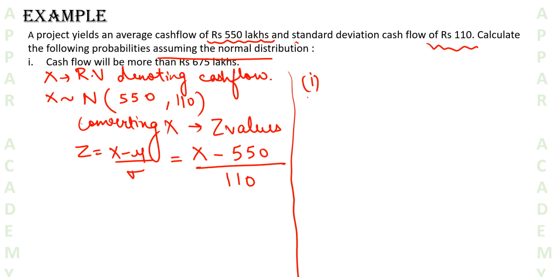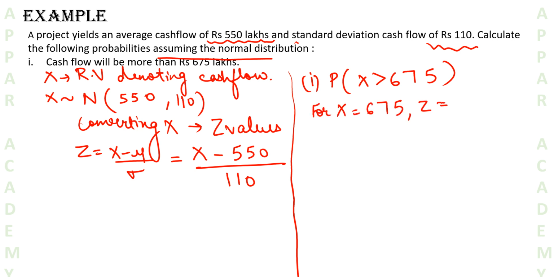Now we are coming to the question. Cash flow will be more than 675 lakhs. So we need to find the probability that X is greater than 675. Yes or no? Cash flow more than 675, right? So let's convert it into Z. For X equal to 675, can we say Z is equal to (675 minus 550) upon 110?